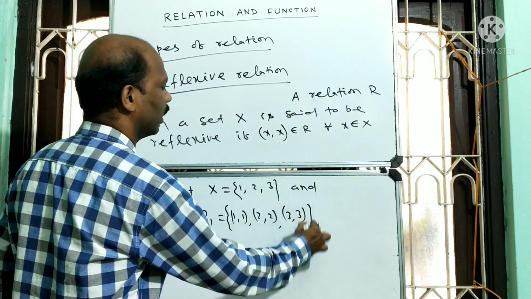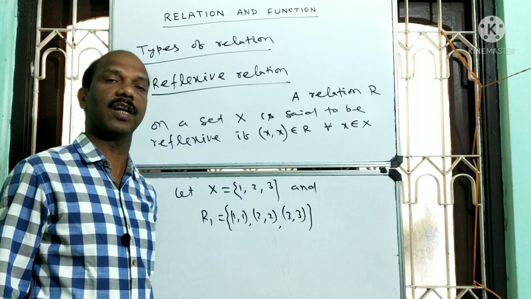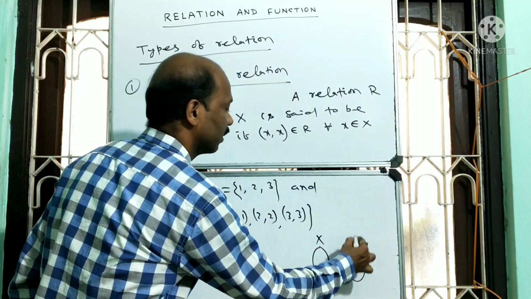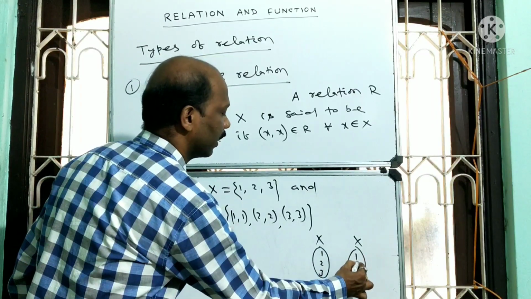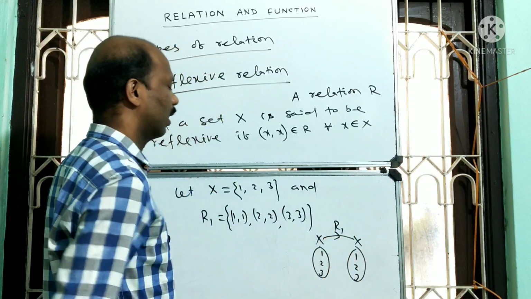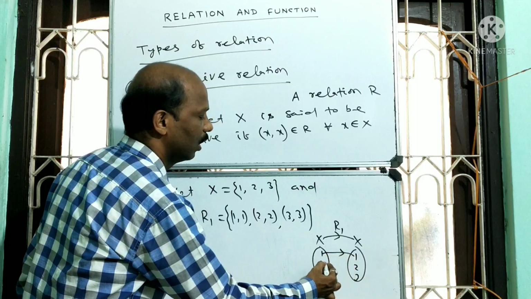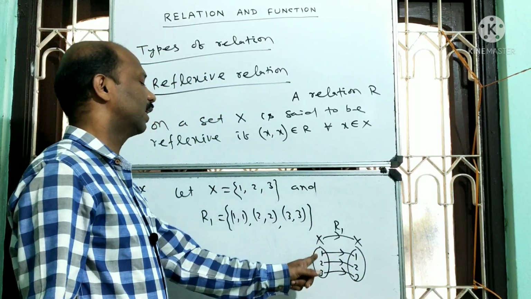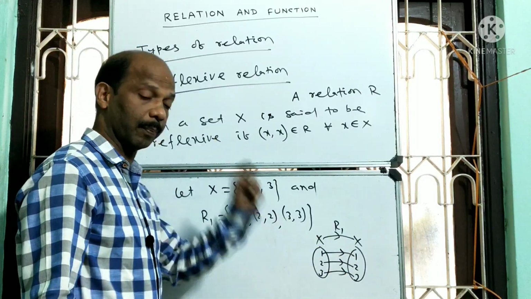Tell me whether it is a reflexive relation or not. It is a reflexive relation. How? Because relation is from X to X. X में एलिमेंट है 1, 2, 3, उधर भी एलिमेंट है 1, 2, 3. रिलेशन इज R1 relates 1, 1 मतलब 1 is related to 1, 2 is related to 2, 3 is related to 3. That means each and every element of set X is related to itself, so it is reflexive.